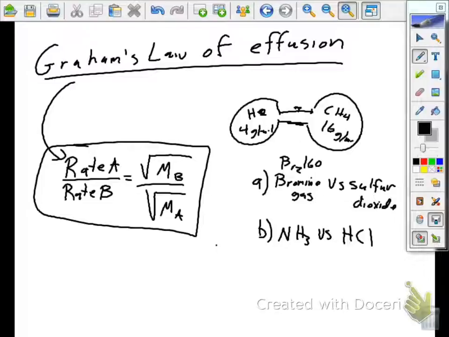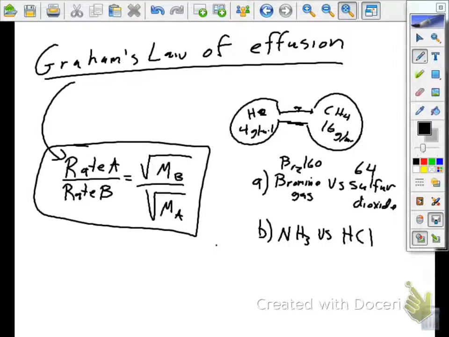Sulfur dioxide, what's its formula? SO2. SO2 is 1 sulfur, 32, 2 oxygens, 32. That'd be 64. So which one moves faster? Sulfur dioxide. Pretty easy, right? The lighter it is, the faster it moves.